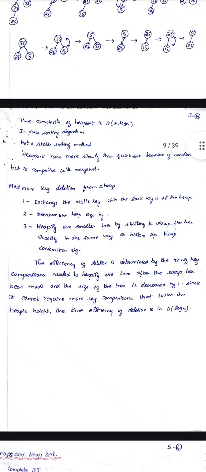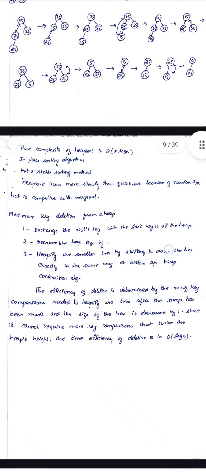It cannot require more key comparisons than twice the heap's height. The time efficiency of deletion is O of log n. Deletion is O of log n, but heap sort is theta of n log n.